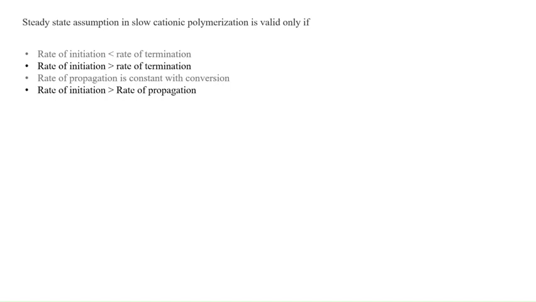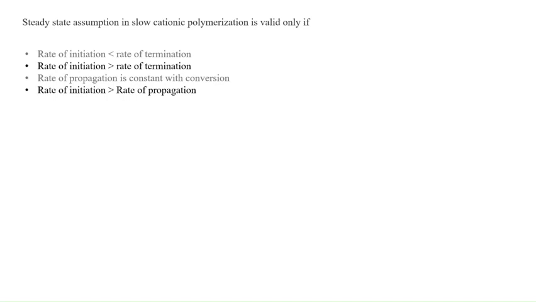Next, the rate of propagation should be constant with the conversion. The exception is that when the monomer decreases, the decreased monomer or initiator concentration will affect the rate of propagation.